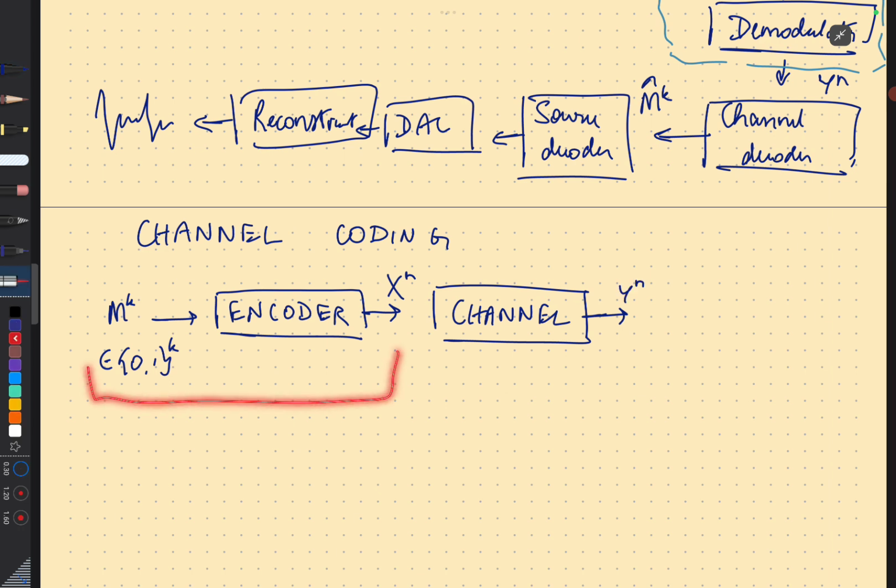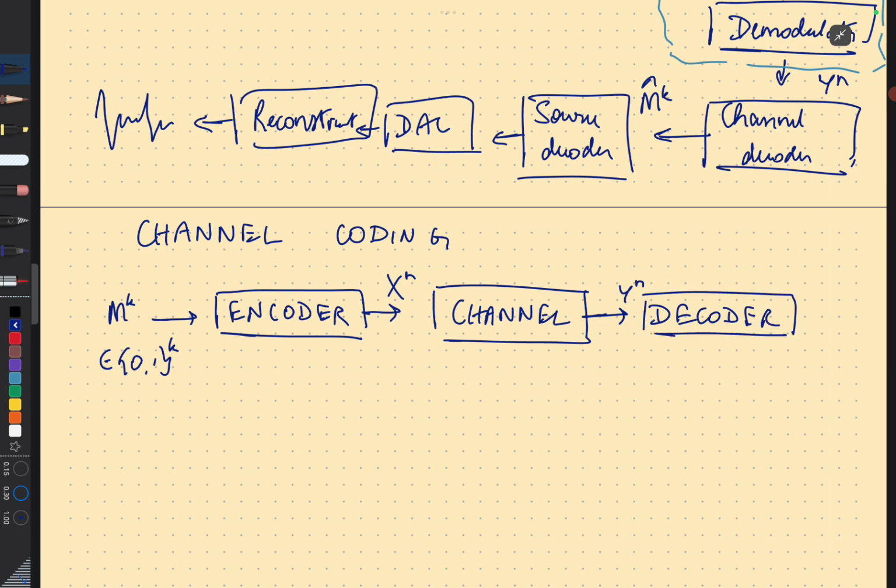All of this basically happens at the transmitter. The receiver sees a sequence of n symbols, which I'll call y^n. So we want to design this decoder, which outputs an estimate of the message.